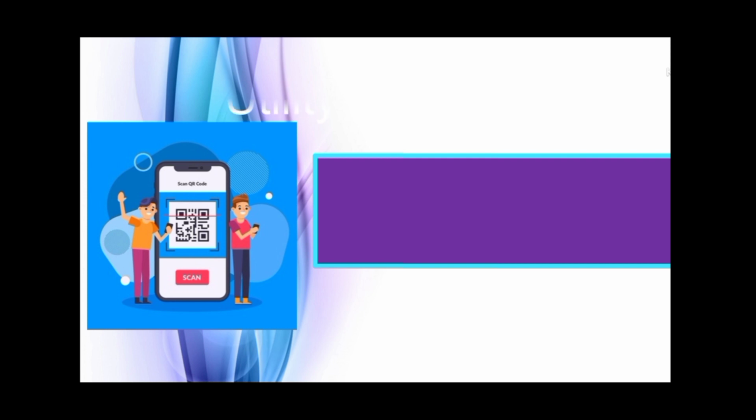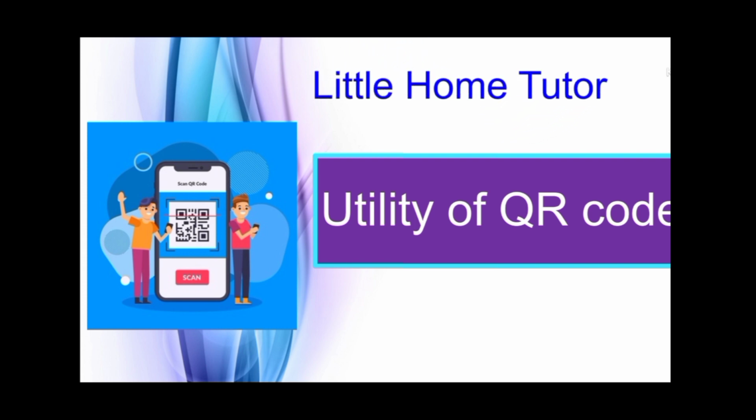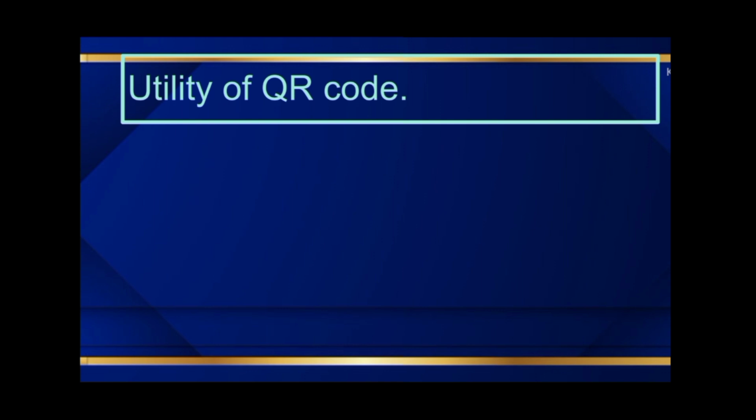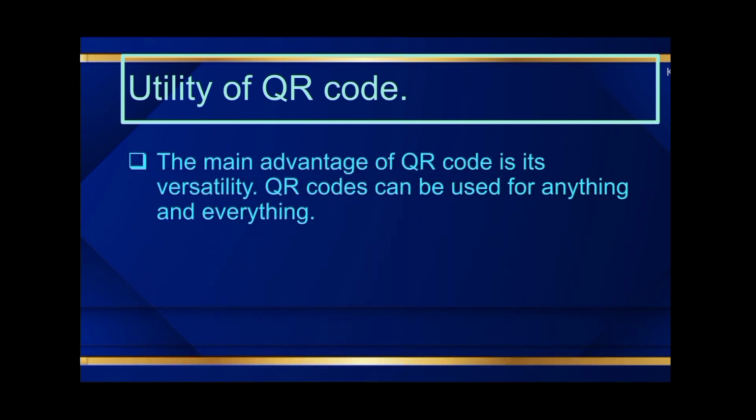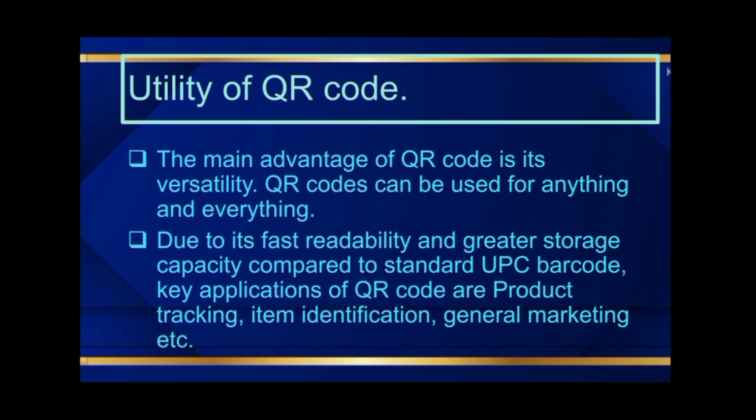So let's see our next point, that is utility of QR code. So now we are going to understand the utility of QR code. The main advantage of QR code is its versatility, and QR code can be used for anything and everything.